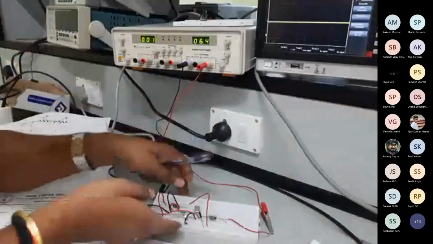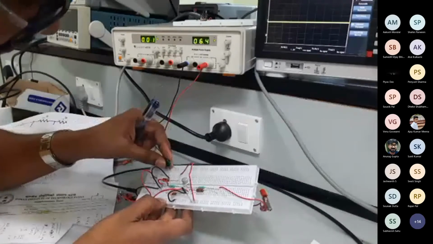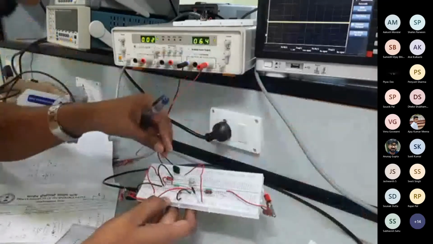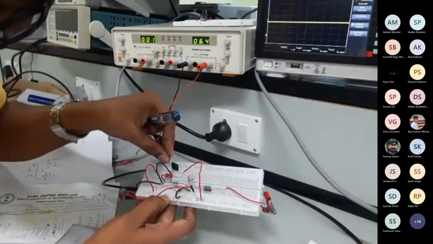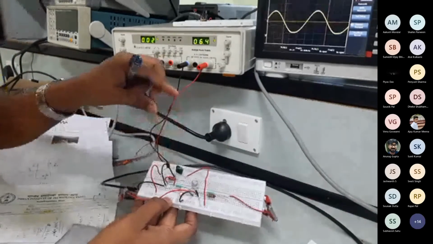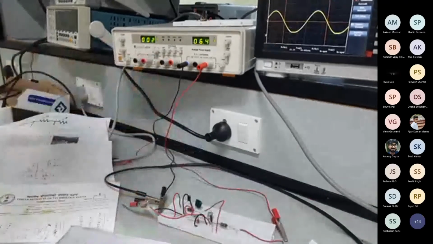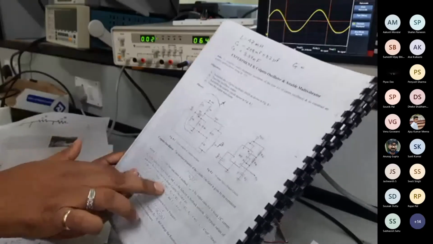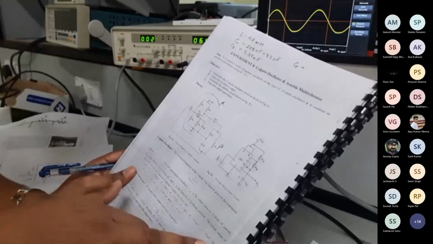So we will provide you data for the Colpitts oscillator. Some design parameter values are already given, like C1, C2, R1, R2, R3, R4, L1.